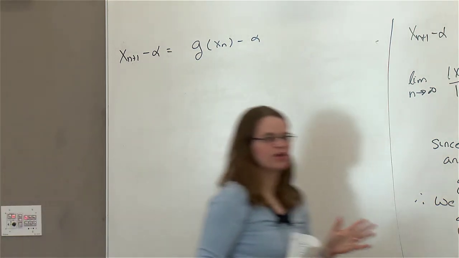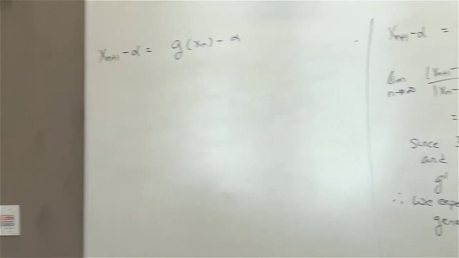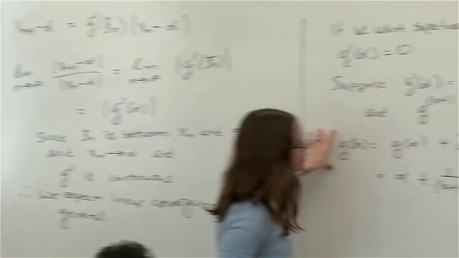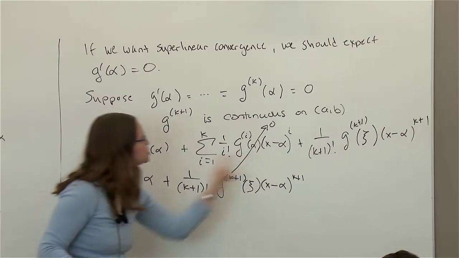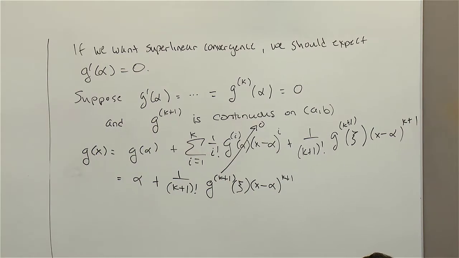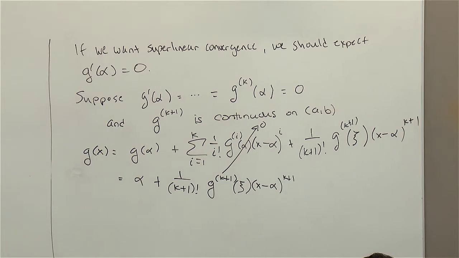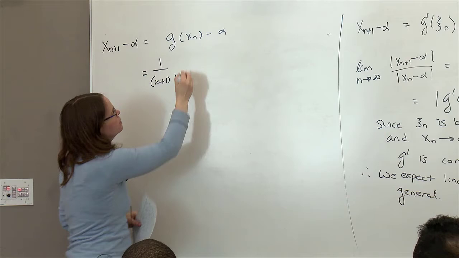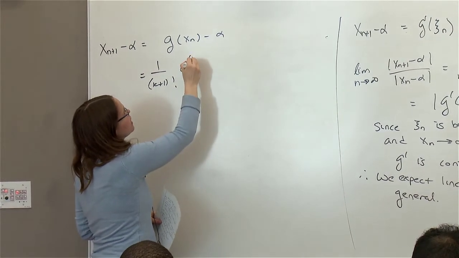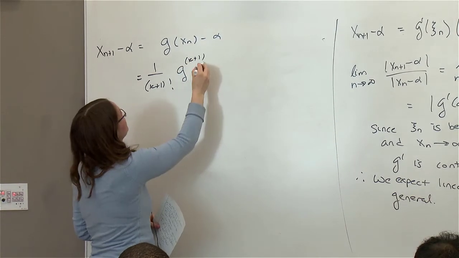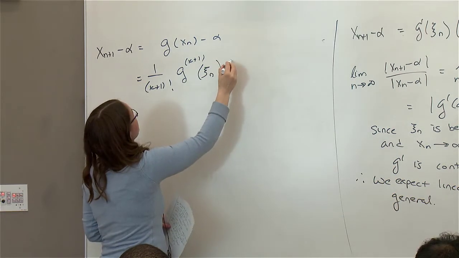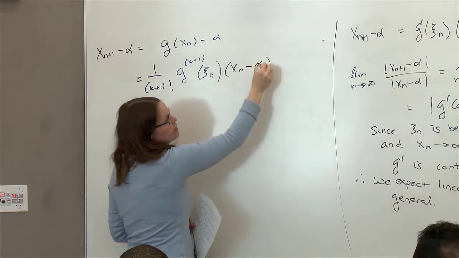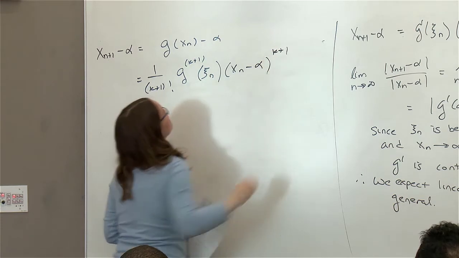And now we can estimate all of this, right? Just like we did before. Last time we did it with the mean value theorem. This time we're going to use Taylor's theorem. So g of x_n minus alpha just leaves me with these leftovers. So I have 1 over (k+1) factorial, g's (k+1)st derivative evaluated somewhere, times x_n minus alpha to the (k+1)st power.